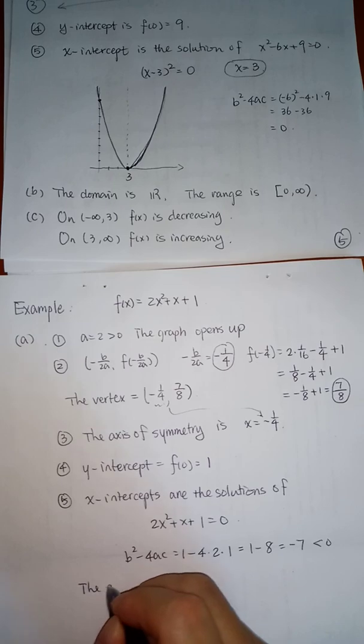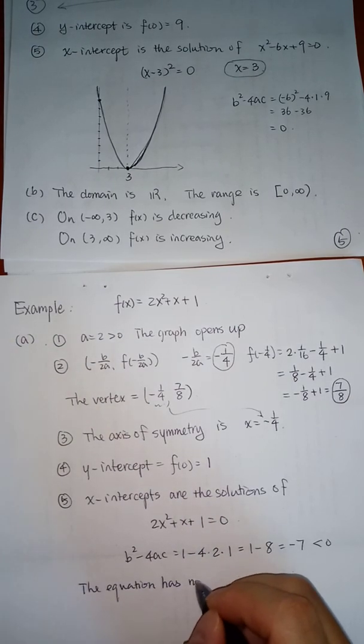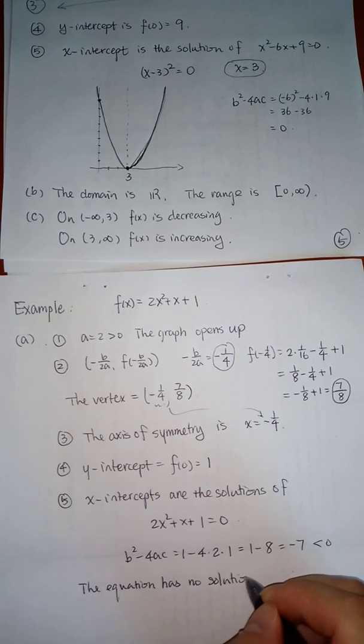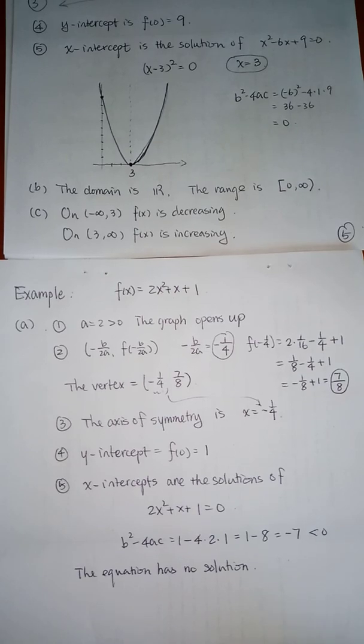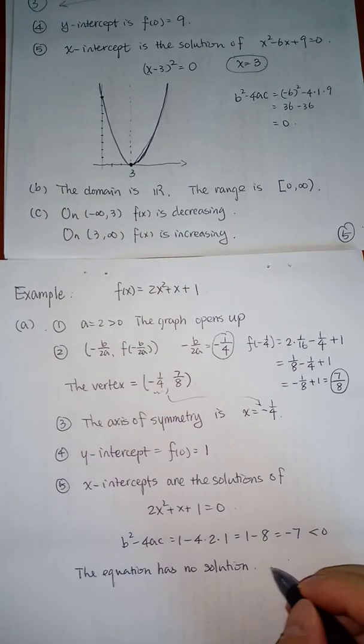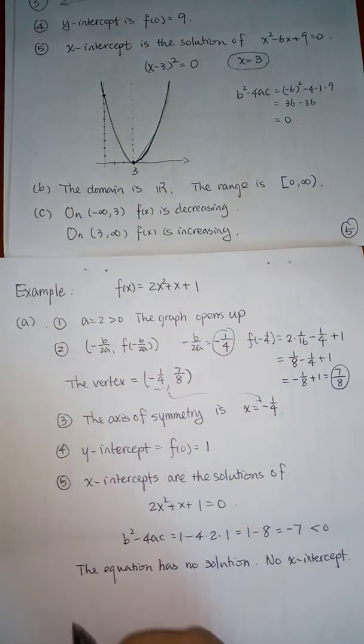The equation has no solution. When the discriminant of a quadratic equation is negative, it has no solution: no x-intercept. Okay, so with all this information, let's sketch it.